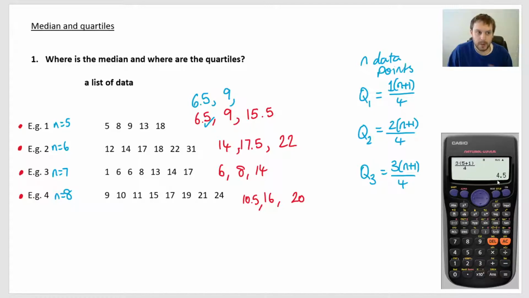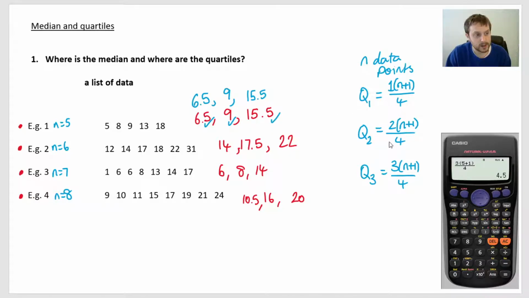What's really important to remember is the 3rd quartile isn't 4.5. This is telling you where to look. It's telling you to look between the 4th and the 5th number. So we go to the 4th and the 5th number, and we have to go halfway between them, which is 15.5. So it actually totally matches up with the original GCSE approach.